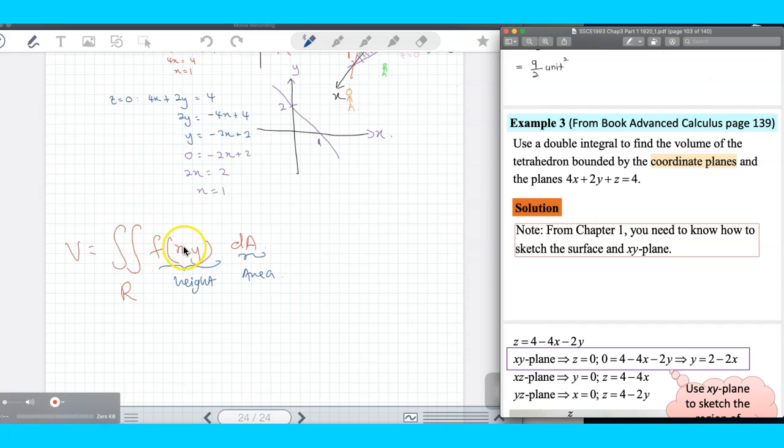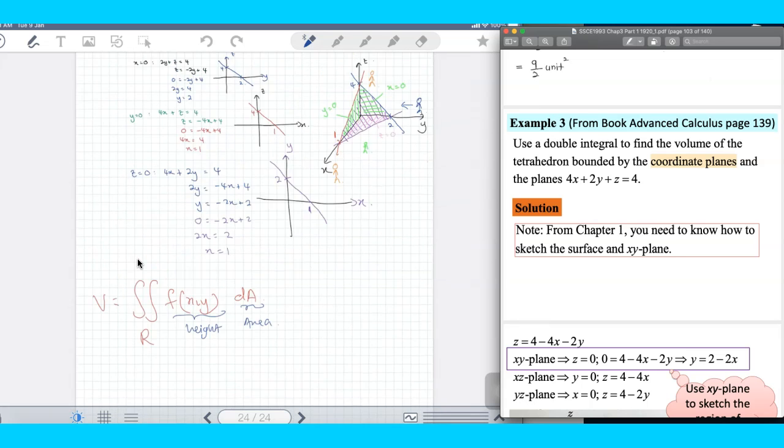So firstly, find the integrand. After you manage to get the integrand, then you can determine the order of integration. After you determine the order of integration, then you can determine the limit. After that, you will get a complete double integral, then you can evaluate. The answer that you have tells you the volume of this tetrahedron.